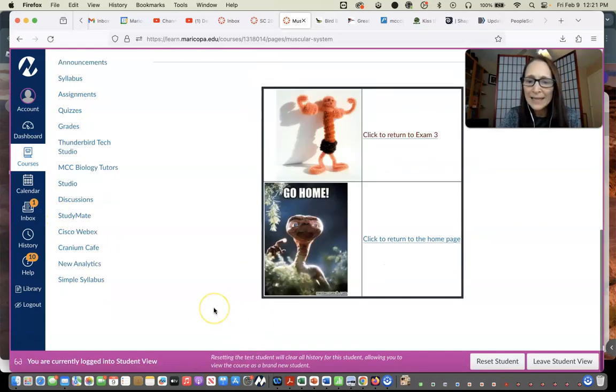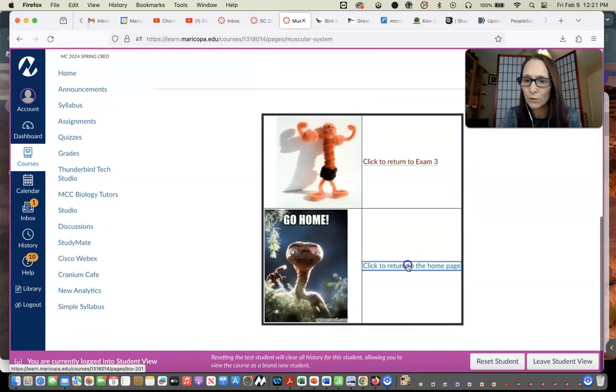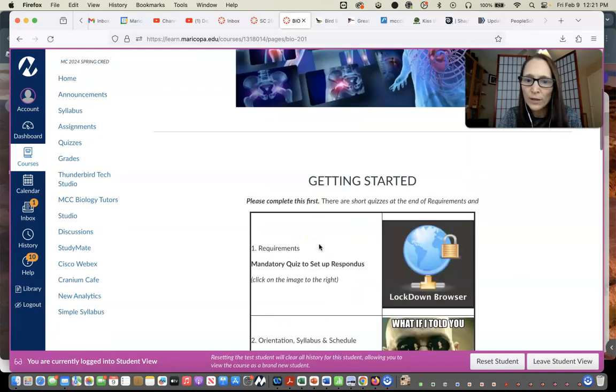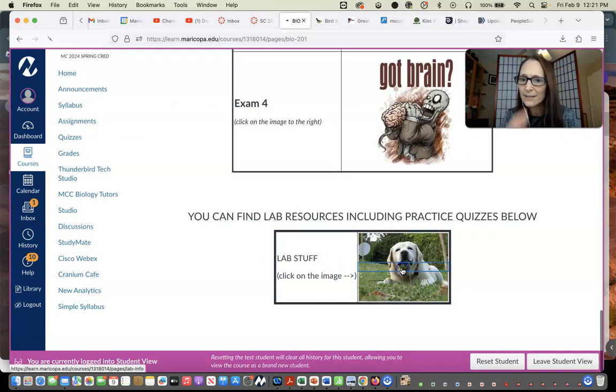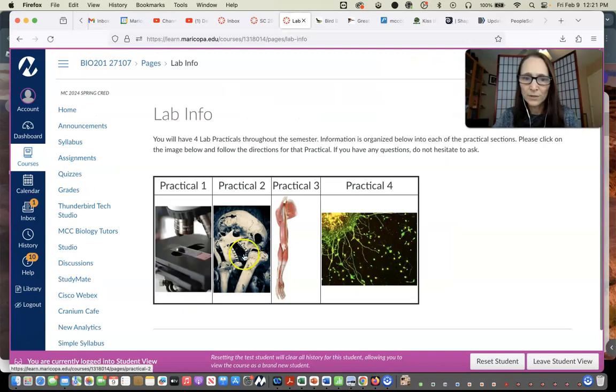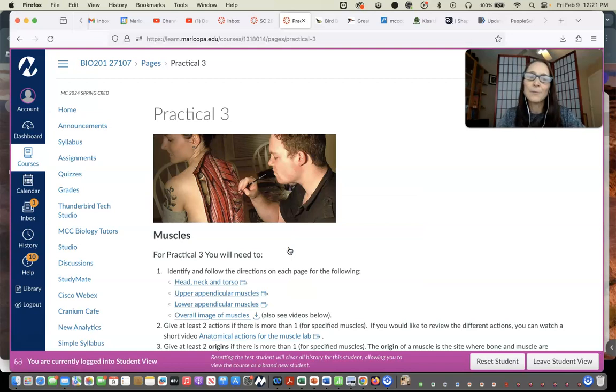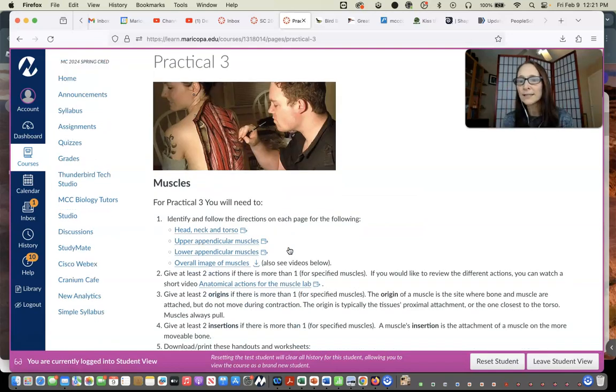Okay, so speaking of lab, let's jump into the lab materials for the week, and I want to let you know what you need to know for lab as quickly as I can here without taking too much of your time. Here's practical 3. You're going to see that it's going to look a lot like that page for practical 2 for the bones.